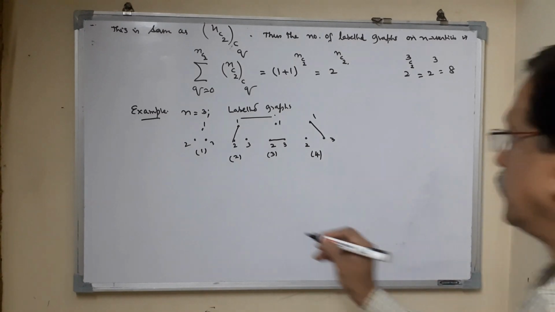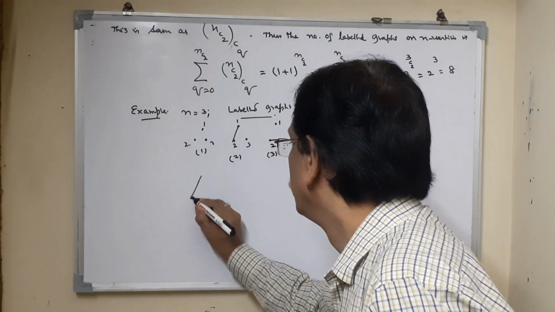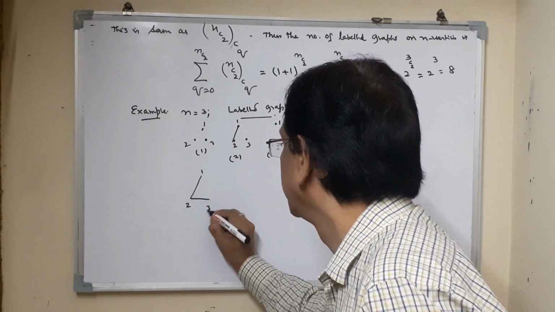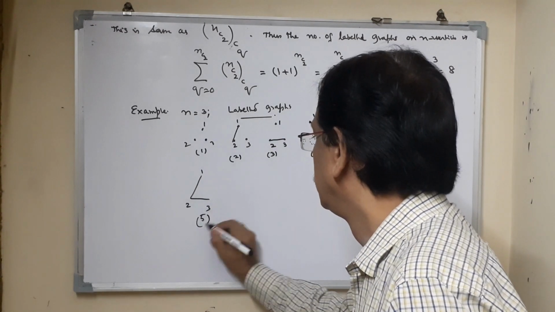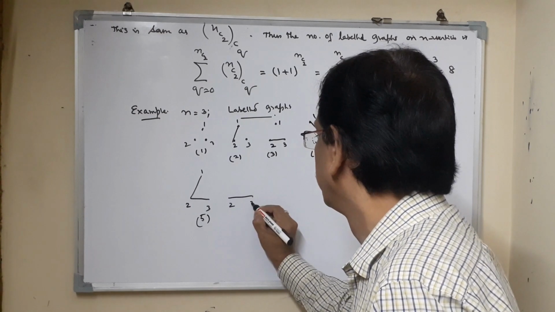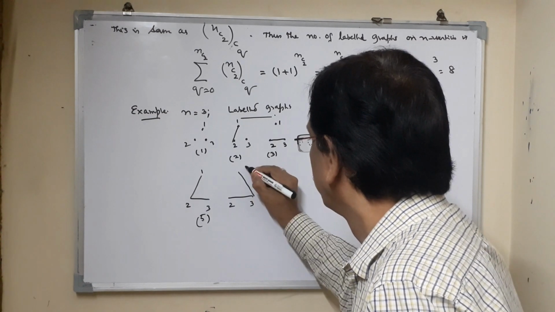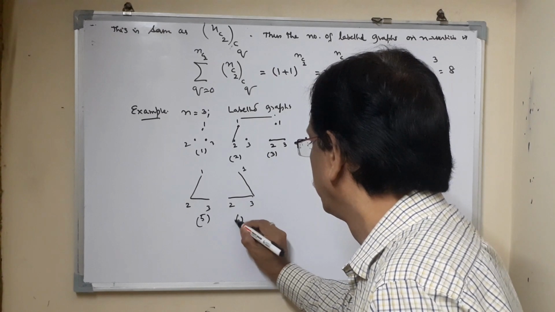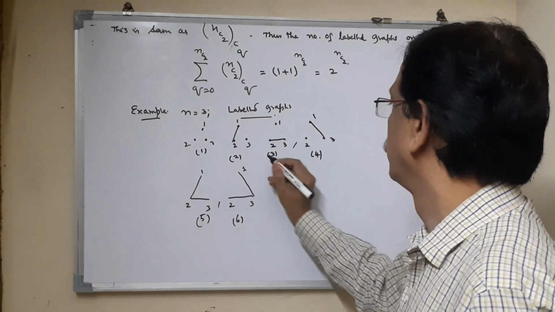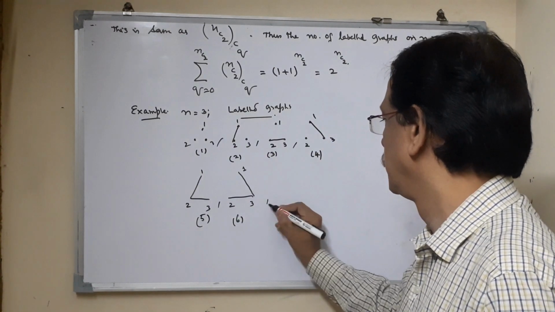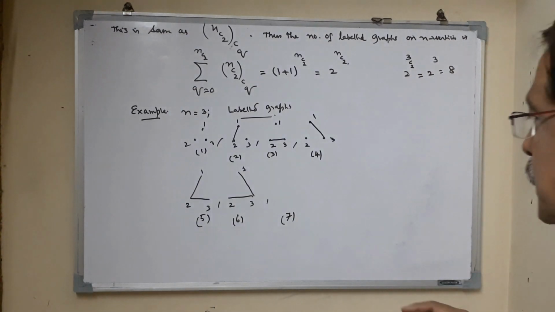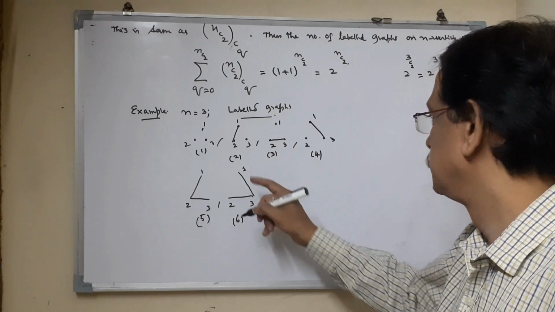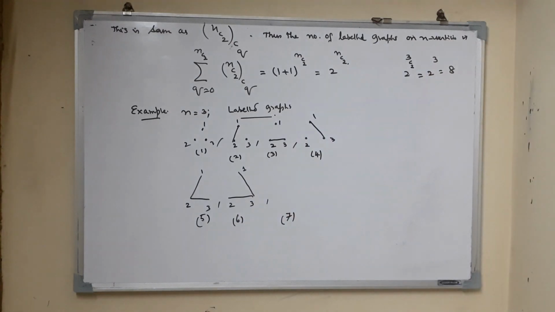Now I have to write down 2 edges at a time. 1, 2 and 2, 3, then 2, 3 and 3, 1. The 7th one is 1, 2 and 3, 1.